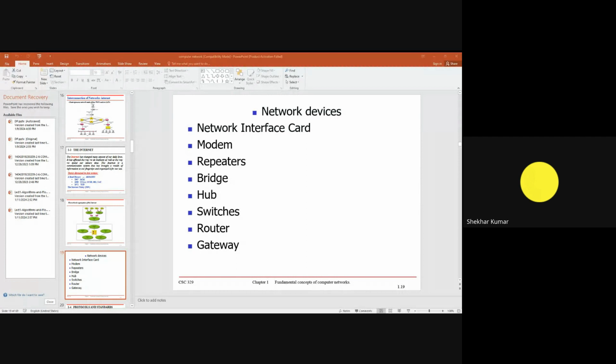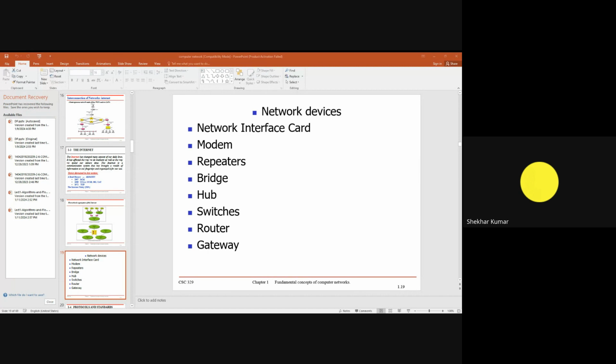It is installed inside your computer system, in your laptop, in your machine, in your node, that connects that device to the internet. So a network interface card connects a device to a network, to the internet.